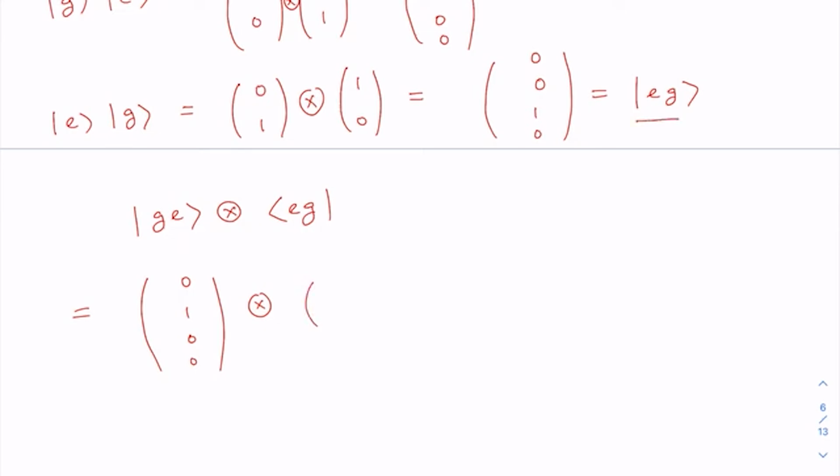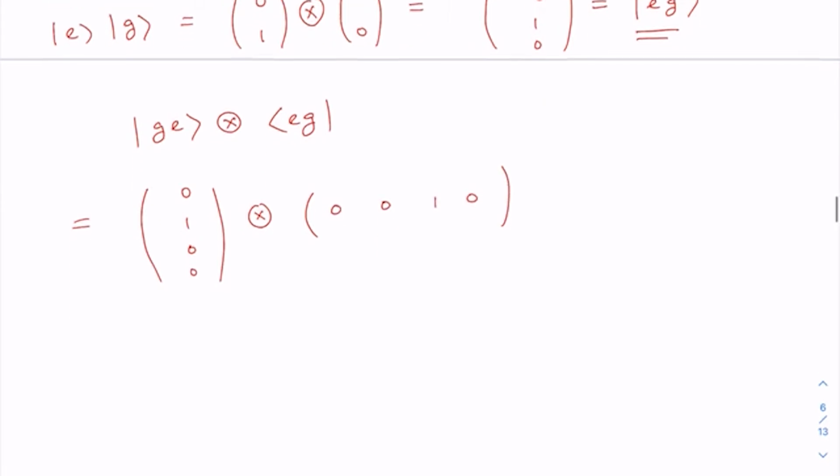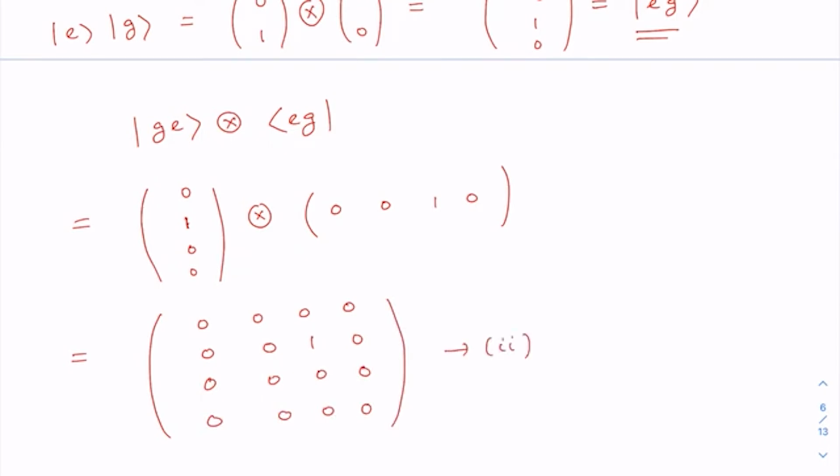Bra e z we know, so bra e z would be 0 0 1 0. So if I do the maths, I will get here 0 0 0 0 0 0 1 0, because 1 is sitting there, and here I will have 0 0 0 0 0 0 0 0. So let me say this is my equation number 2.